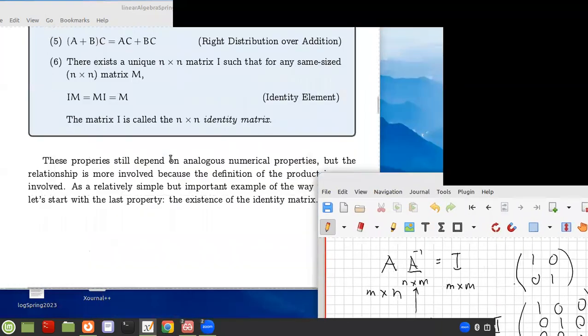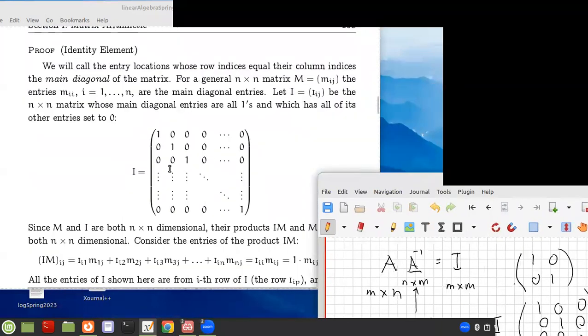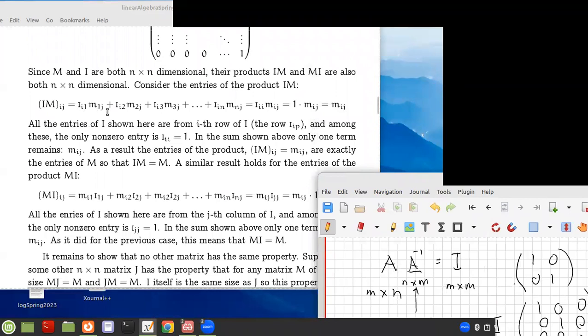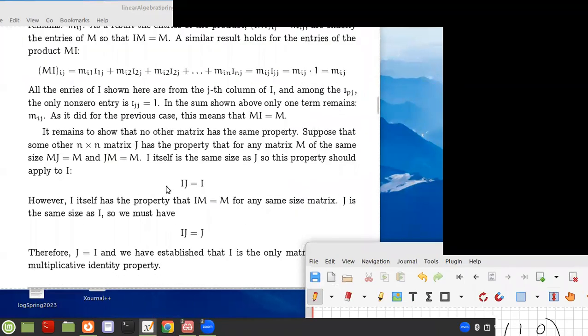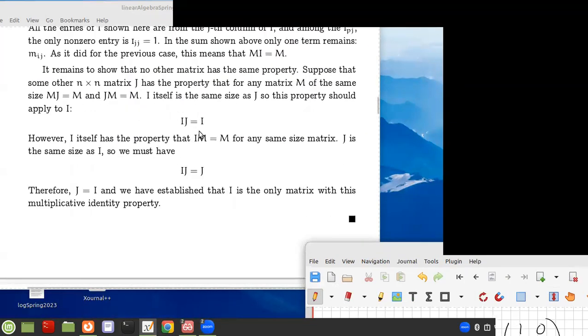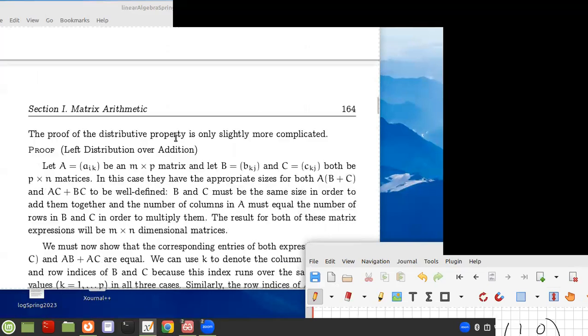Here's the identity matrix written out in the general pattern. It's hard to look at the sums because there are so many subscripts, but you can prove that it's unique, that there's no other matrix that does that.